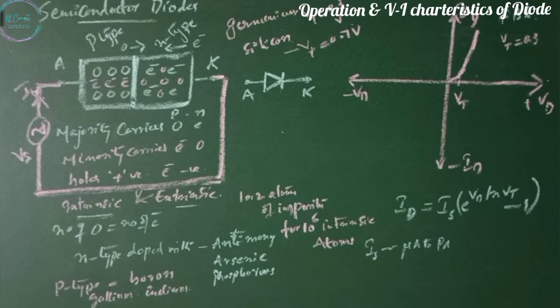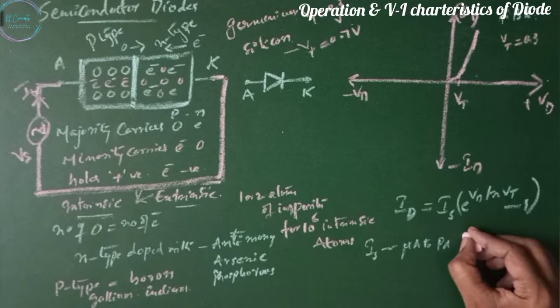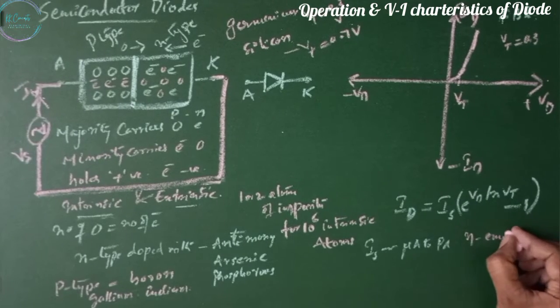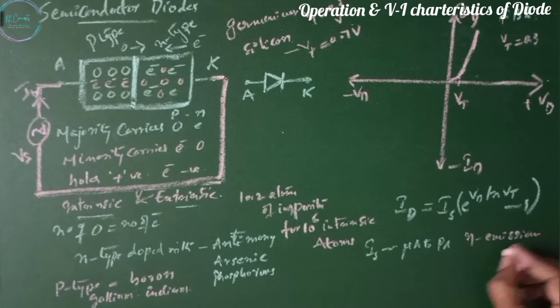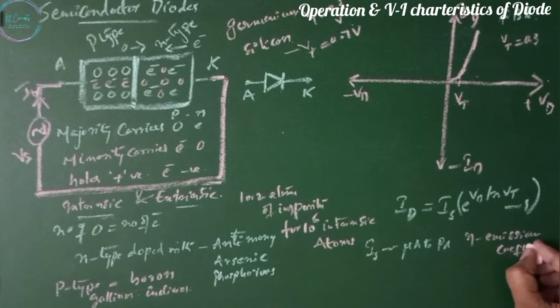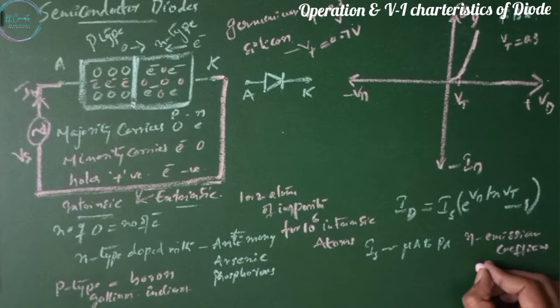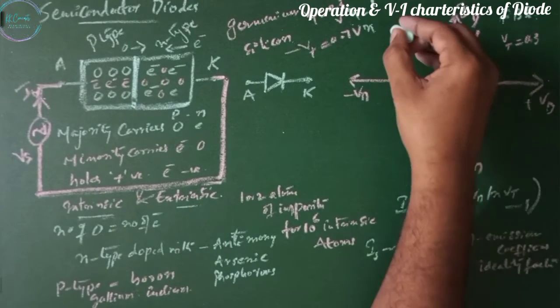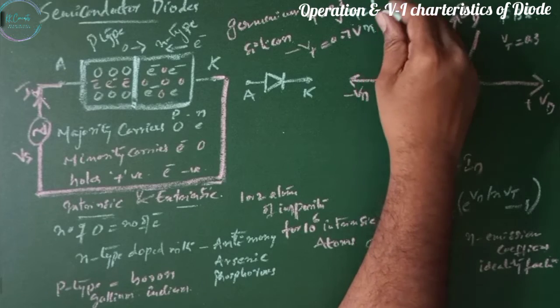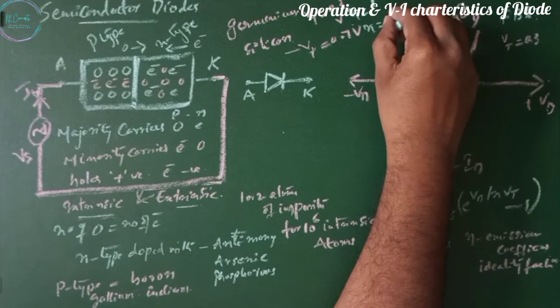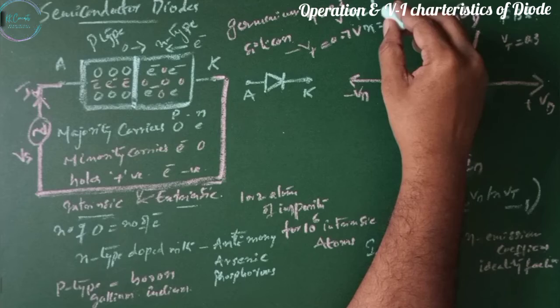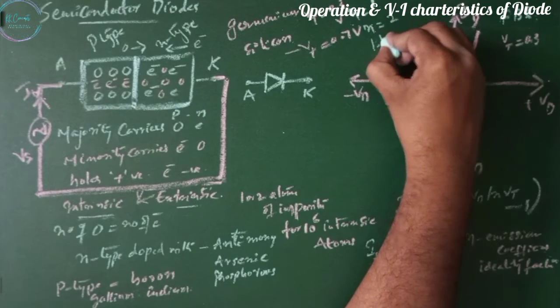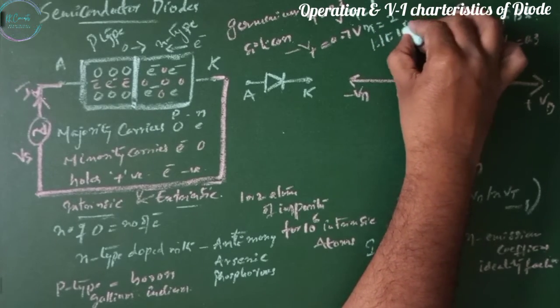VD is the diode voltage with the anode positive with respect to the cathode. N is the emission coefficient or ideality factor. The ideality factor for germanium equals 1, and for silicon it is 2. In practical cases, it will be between 1.1 and 1.8.